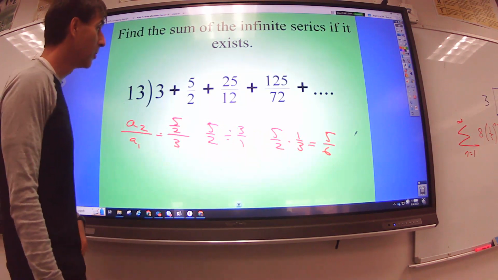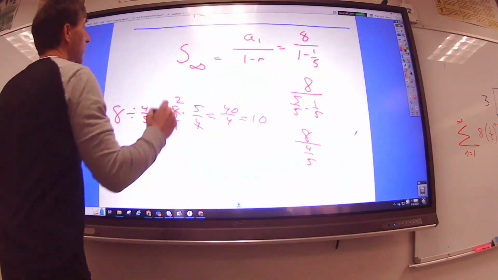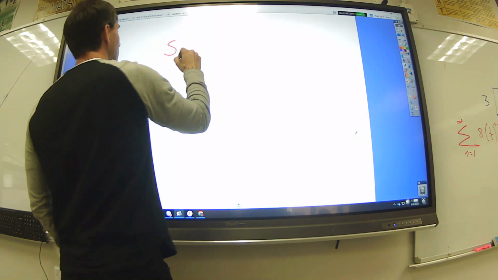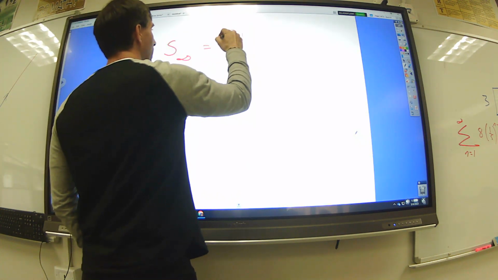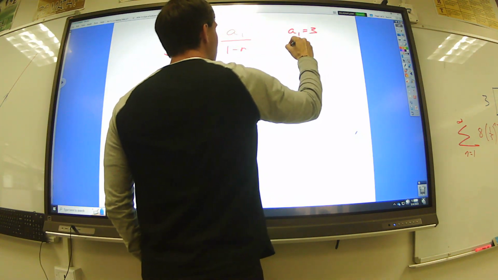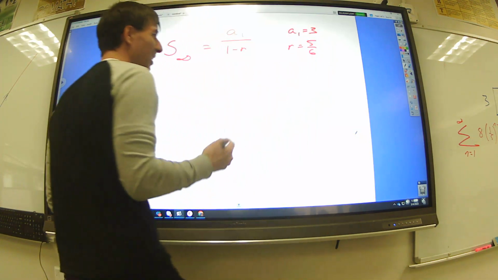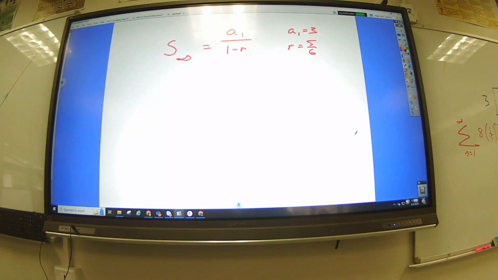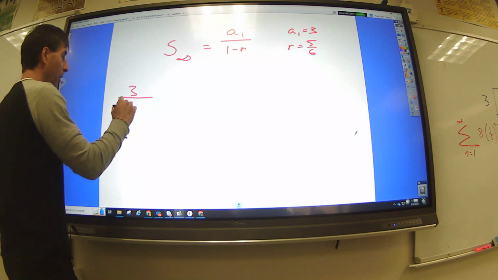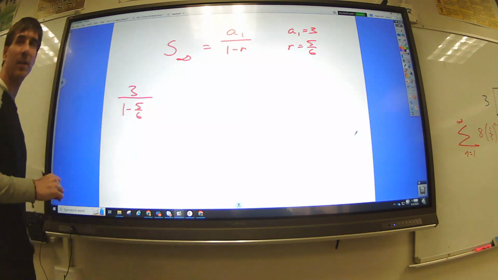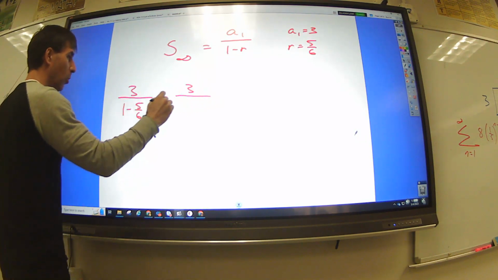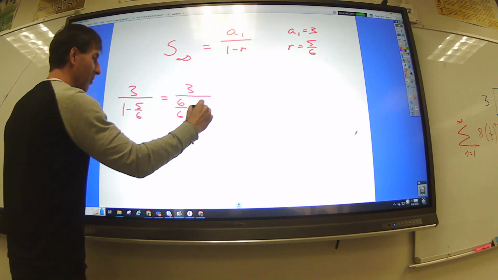Okay? So, starting value is 3. We have the sum of the infinite series is a sub 1 divided by 1 minus r, where a sub 1 is 3 and r is 5/6, right? I just did that for my memory. Did I get all that right? a sub 1, 3 over 1 minus 5/6. Do not use a calculator here. Just go like this. 3 over, what's 1? 6 over 6 minus 5 over 6.